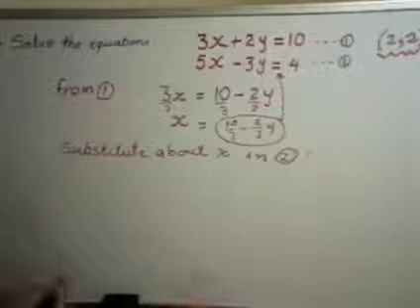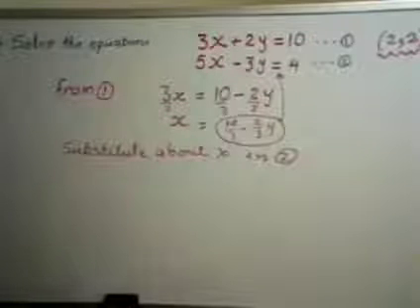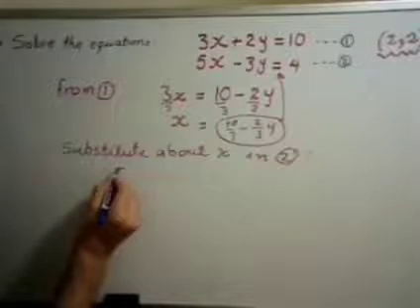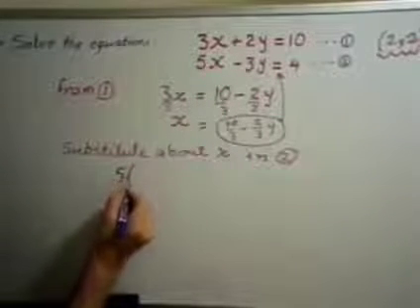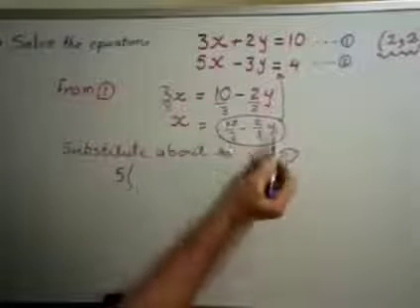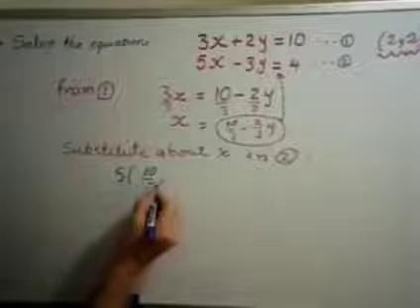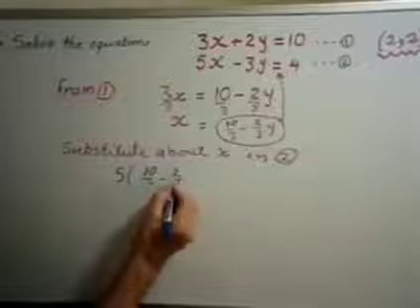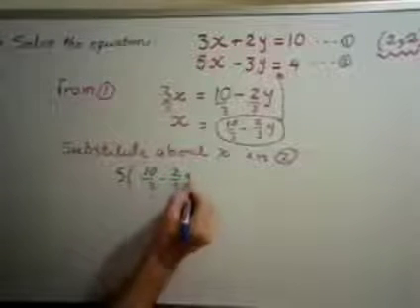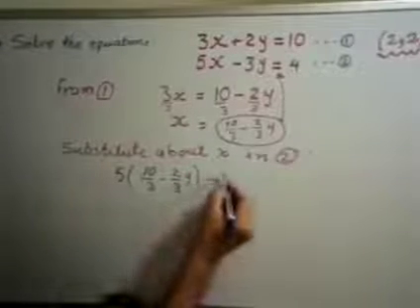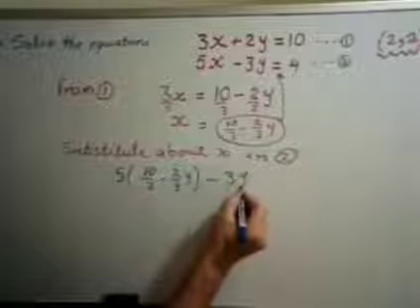We'll get here 5x, and instead of x we will write the value, which is 10 over 3 minus 2 over 3y. This is the value of x here, minus 3y is equal to 4.